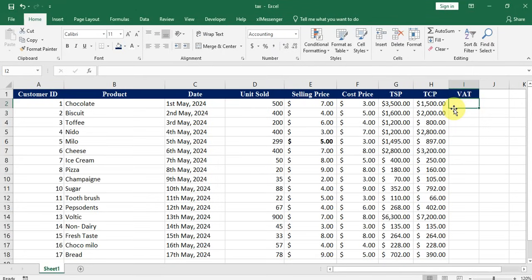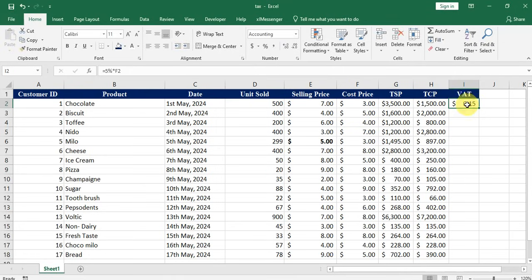So we want to calculate it. It will be 5% of the cost price multiplied by the unit sold. You just have to introduce your equal to, you bring 5% multiplied by the cost price here. Now you click on enter.